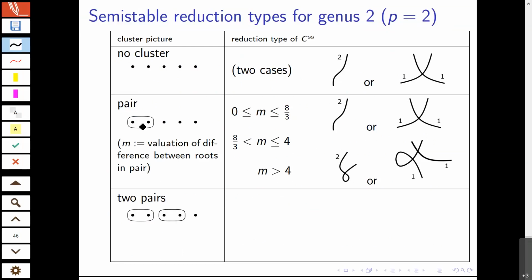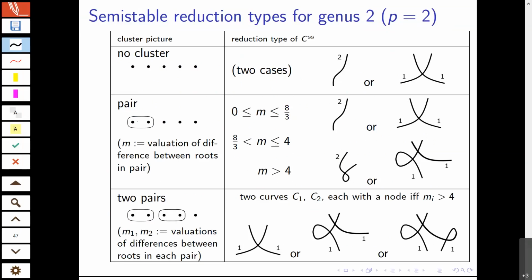We saw something similar with elliptic curves. Luckily, it becomes simpler after this. With 2 pairs, you always get 2 components of arithmetic genus 1, and whether each one has a node on it depends on whether each of these p-adic distances is greater than 4 or not. So you get these 3 possibilities.